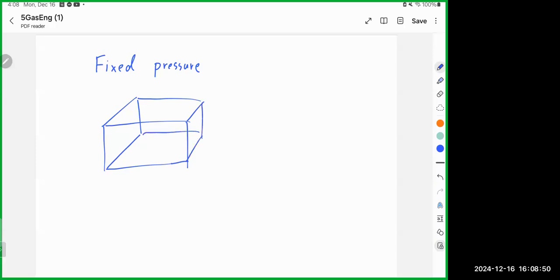We have a box like here, and there is a piston.